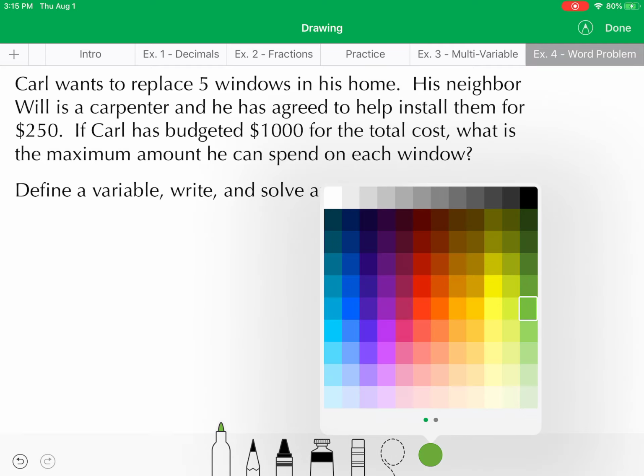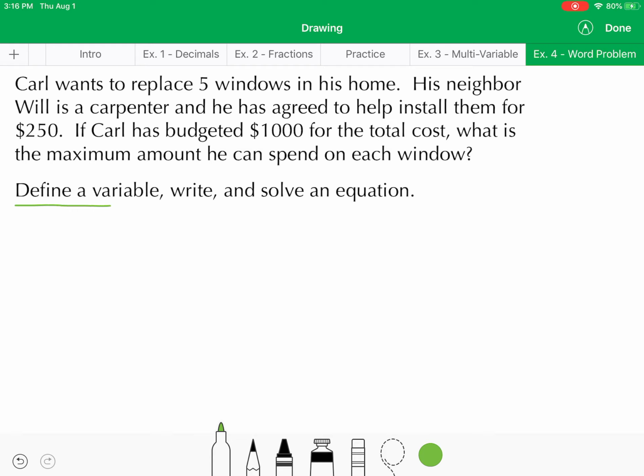So I think this first directive is crucial for any word problem. Defining a variable. If you don't know what your variable represents, it's going to be really hard to then be able to write an equation for you to solve the problem, right? Defining a variable is as simple as identifying within the problem what you are being asked to find. Okay? Typically, it's where the question is in the problem.